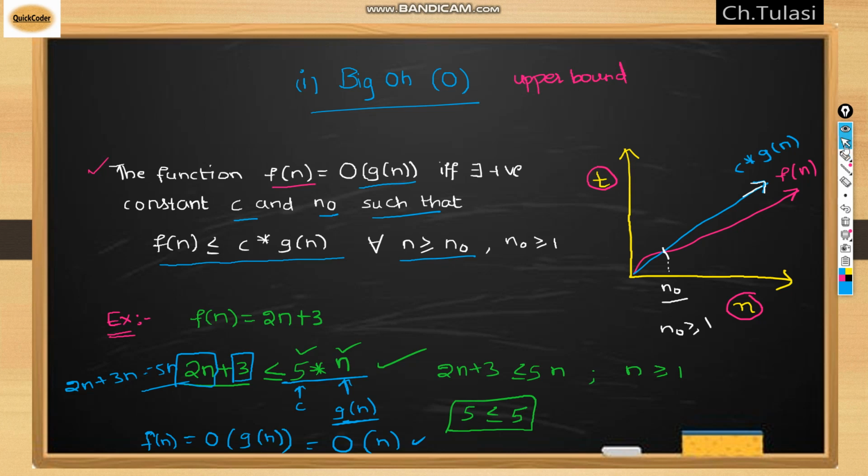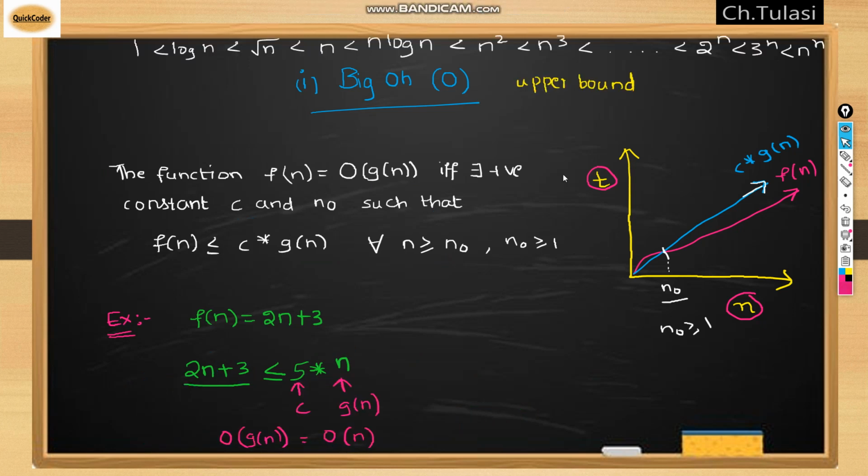The next is big omega notation, which I will explain later. There are some more possibilities with big O notation, because as we got g of n as n, we can also write n square, n cube, 2 power n, 3 power n, n power n.